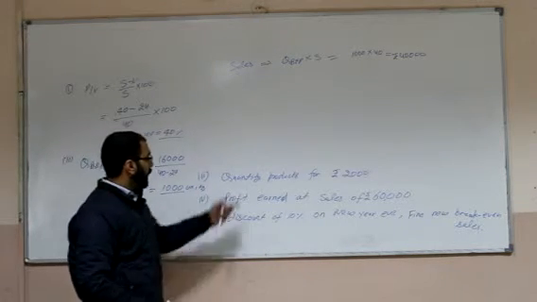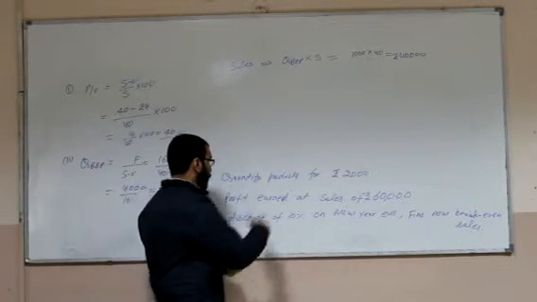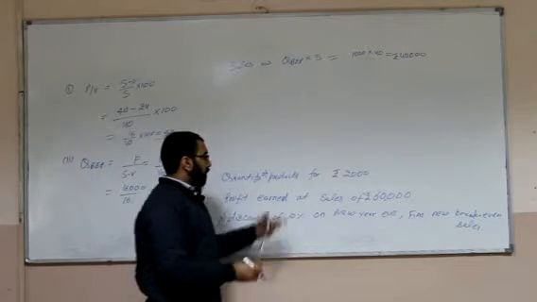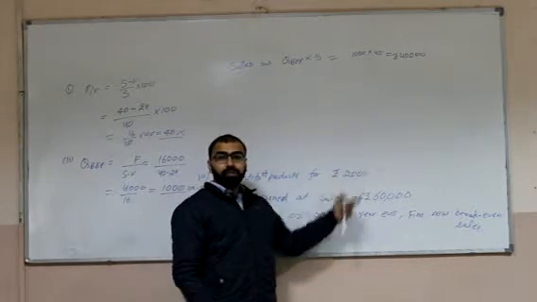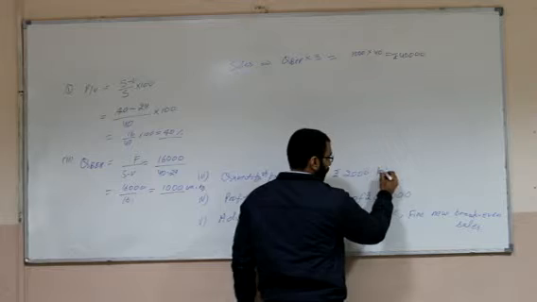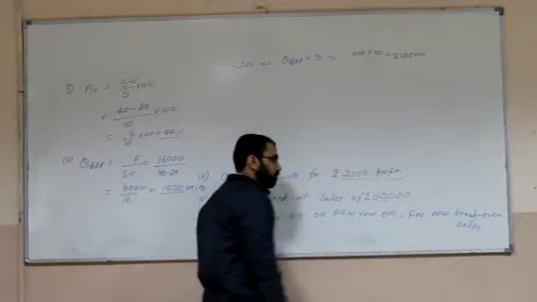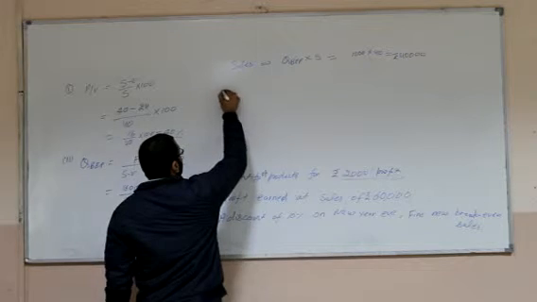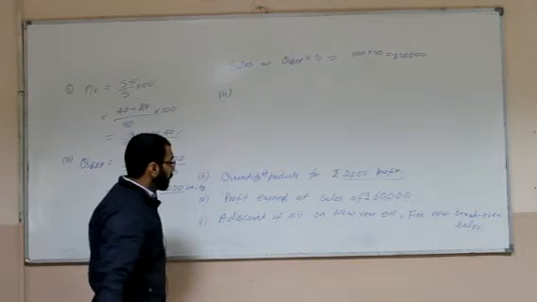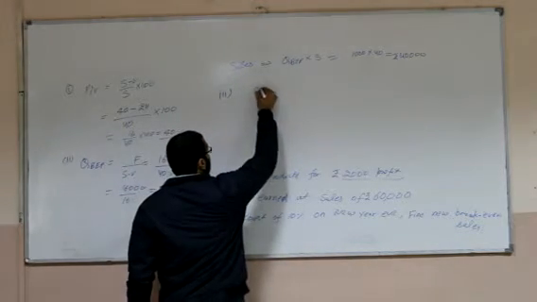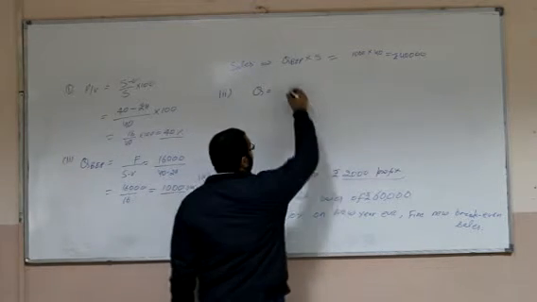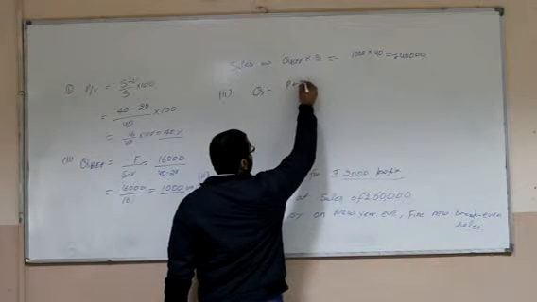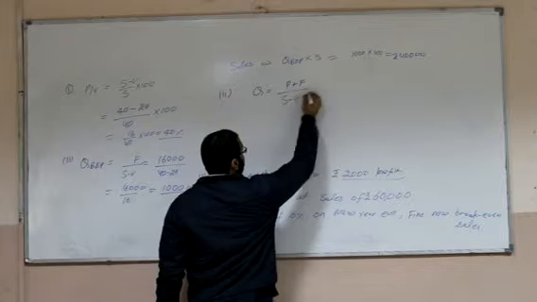Next is the quantity of products for rupees 2,000 profit. Now we have to use the second formula. So the third answer will be Q equals (profit plus F) divided by (S minus V).